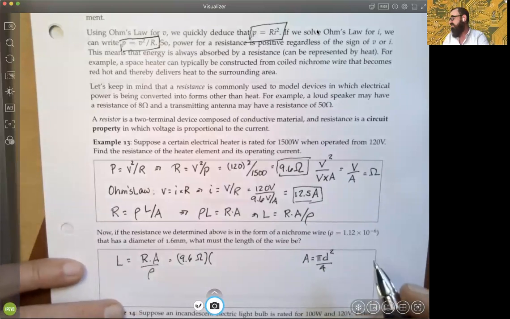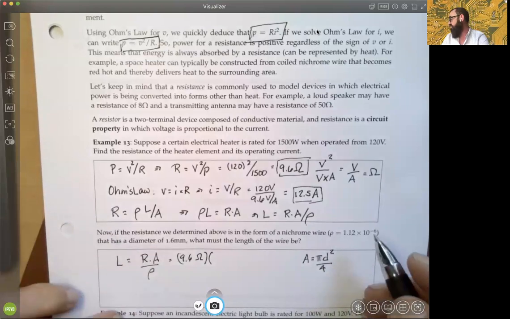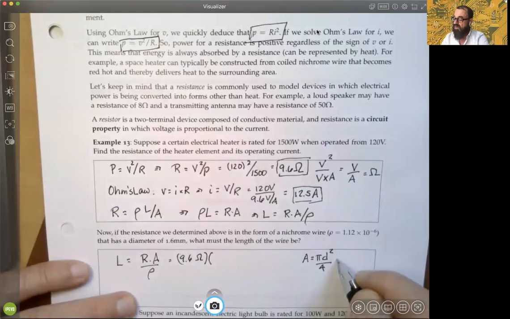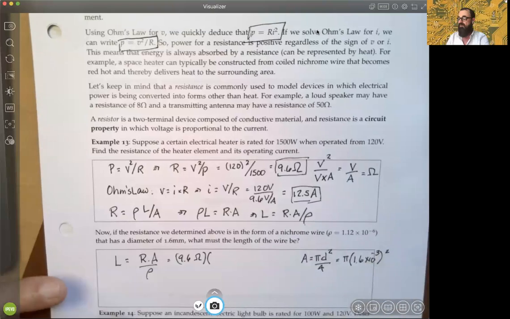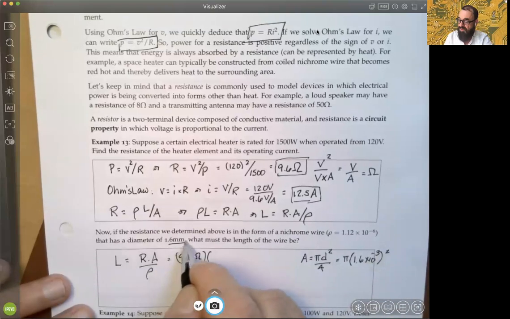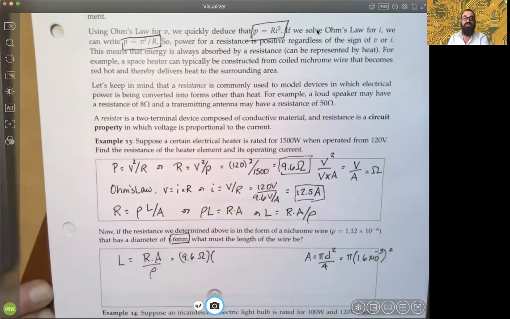And in fact, we know what the diameter is given as. Here it is, 1.6 millimeters. I hope you were going to say, yes, you need to convert that. Convert it to meters. Always convert that to meters. So it's 1.6 times 10 to the minus 3, because we said it was millimeters, squared, okay? So again, watch your units, always convert to meters, okay?